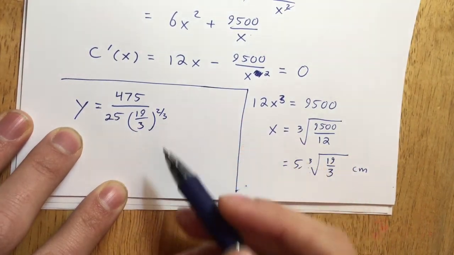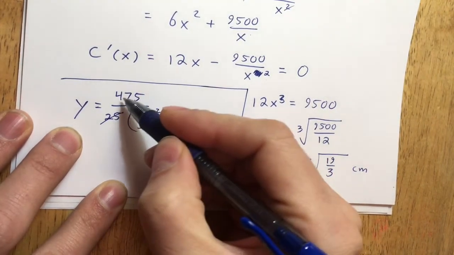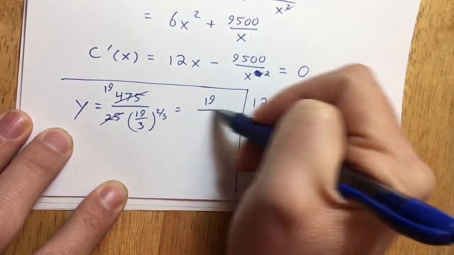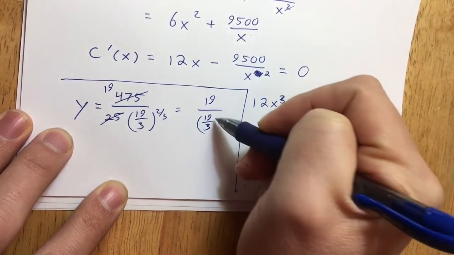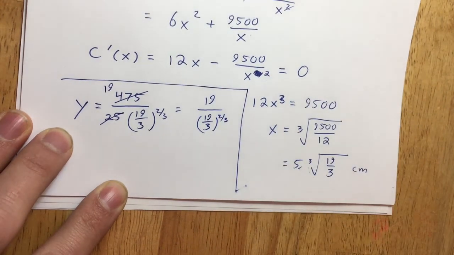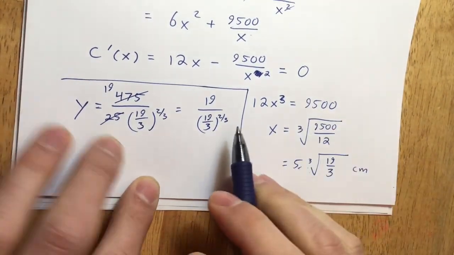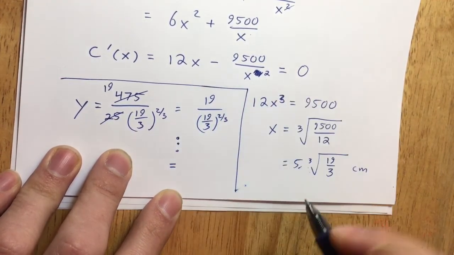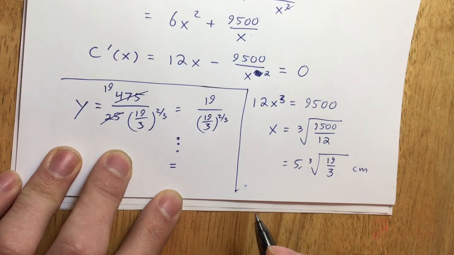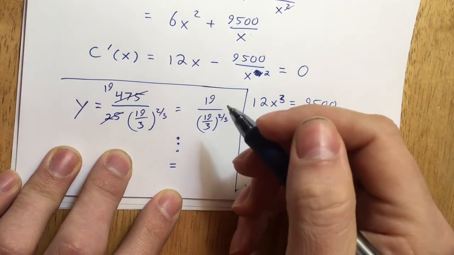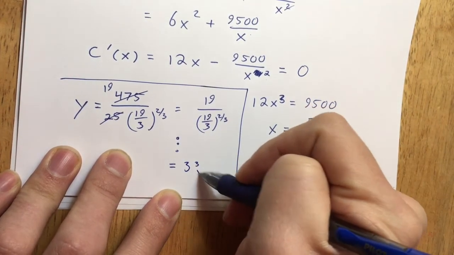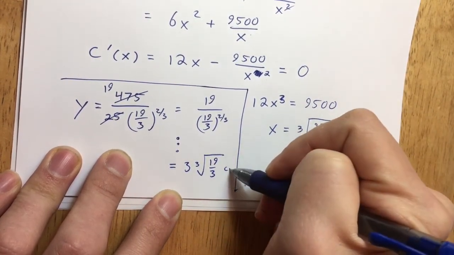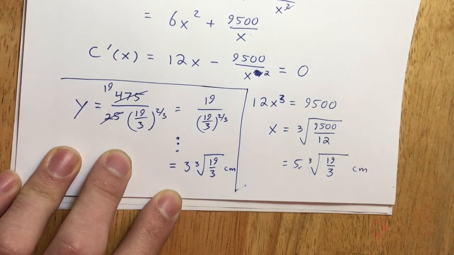Then you can do some simplification here. 25 goes into 475 19 times. You can do some more simplification, I'll let you resolve the details, and you will get 3 times the cubed root of 19 over 3. That's the number of centimeters for the height of the box.